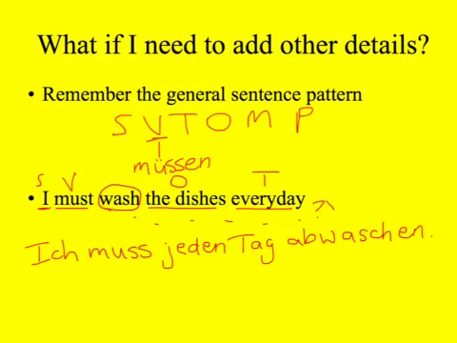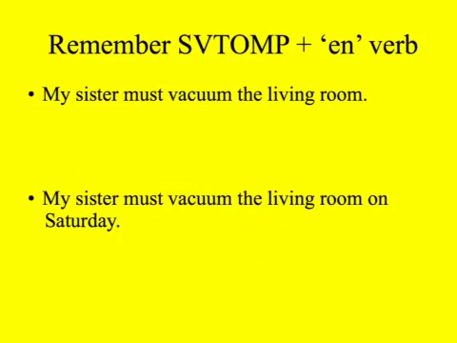Let's have another look at another one. Remember, SVTOMP, and that en verb goes to the end. So our S is my sister. Must is our verb. We don't have a T in this sentence. We don't have a time. We don't have an object as such, no manner, but we do have a place, the living room, and we're going to put an in there, in the living room.